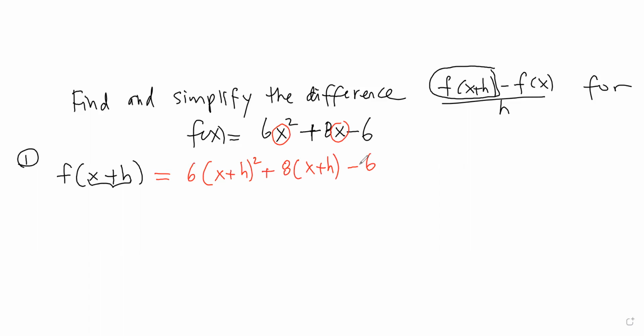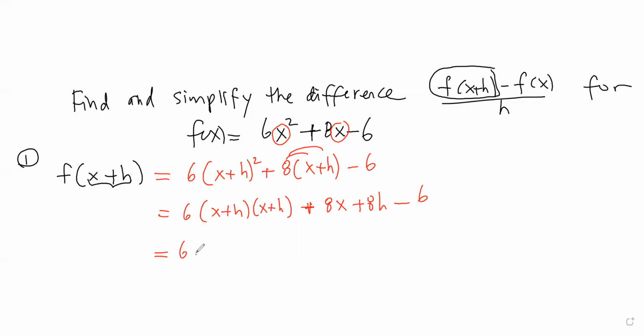Okay. Then let's just go ahead and simplify. So 6 times x plus h times x plus h. That's what x plus h squared means. Plus, you can distribute this number, which is 8x plus 8h minus 6.